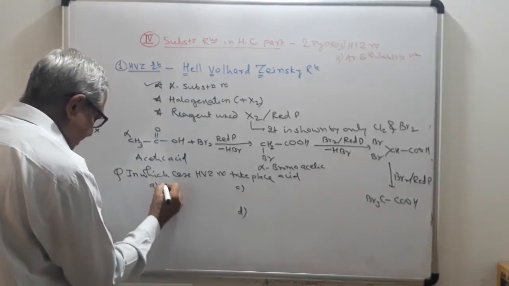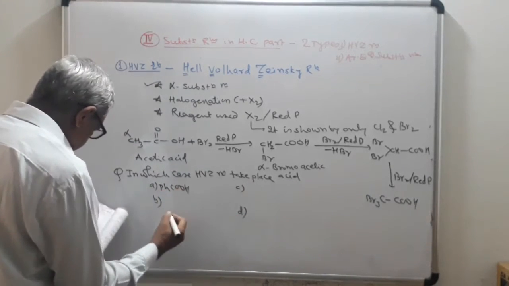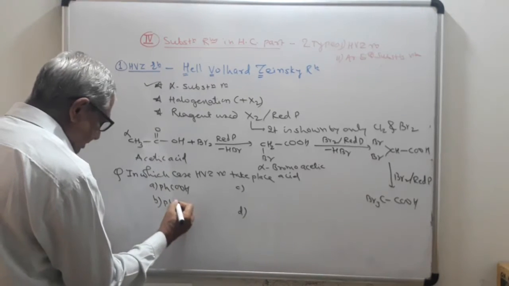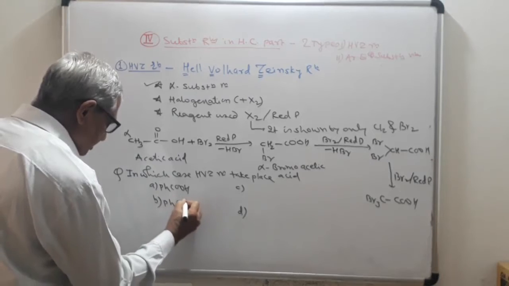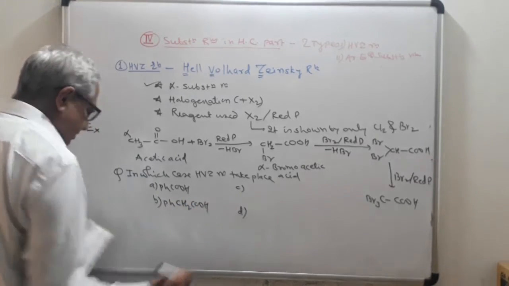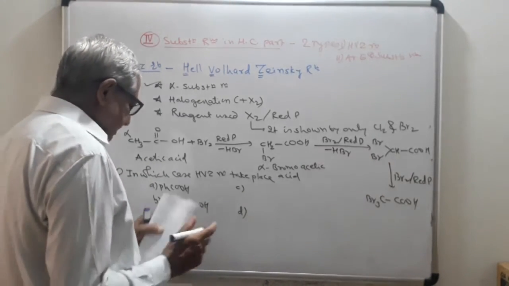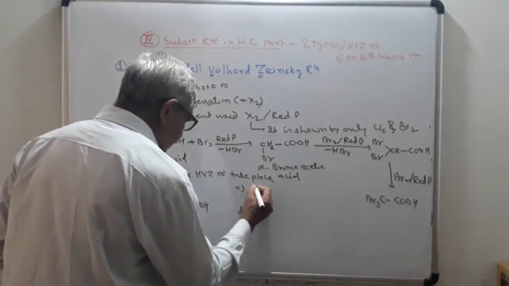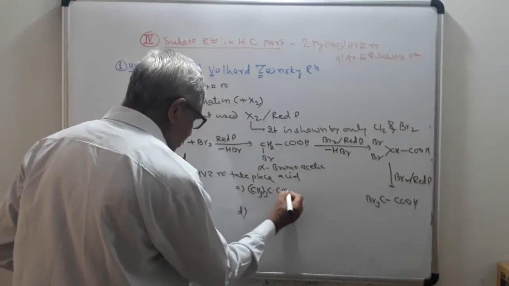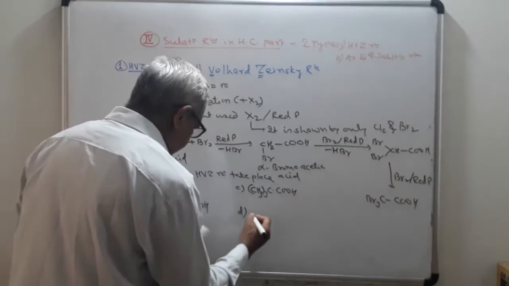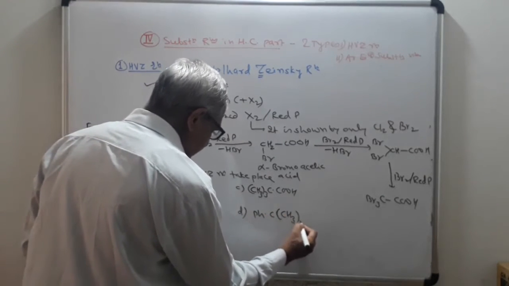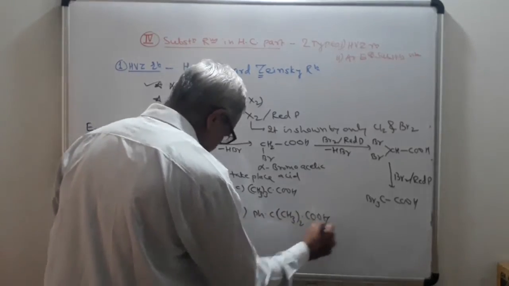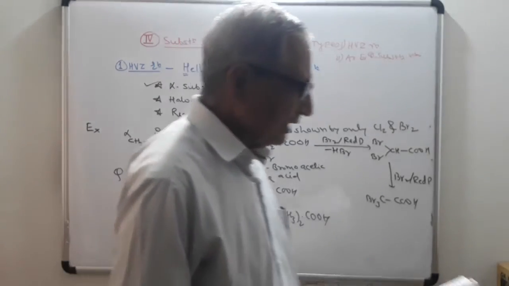The first one is benzoic acid. Second one is C6H5CH2COOH, alpha phenyl acetic acid. Third one is (CH3)3CCOOH, and last one is C6H5C(CH3)2COOH. Find out the answer here.